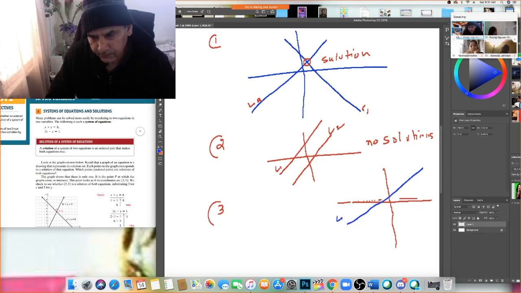Equation. So let's say this is our first graph, and the second graph is lying on top of each other. Exactly. Second graph, I'm gonna switch the color here. Let's say here. So the second graph is lying on top of this graph.